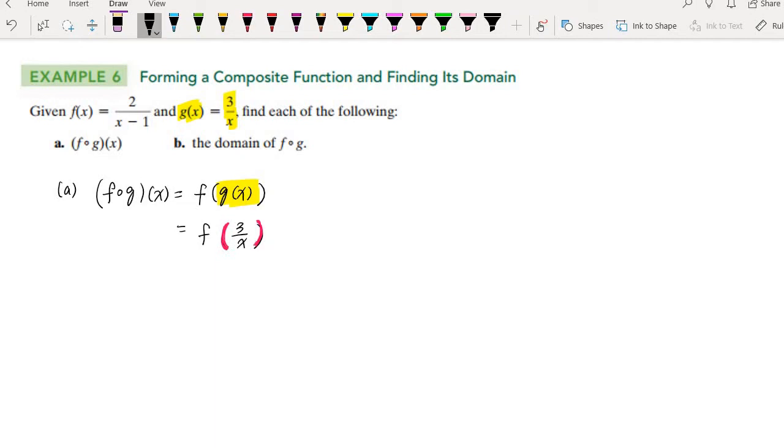So I'm going to write it equal to the original f of x, equal to 2 over x minus 1. I see an x right here, and I'm going to replace it with 3 over x, and then minus 1.